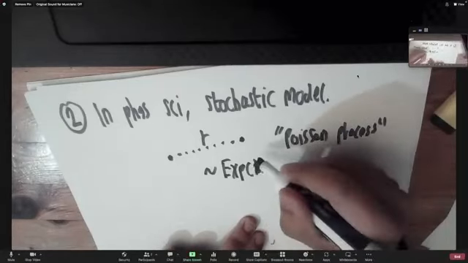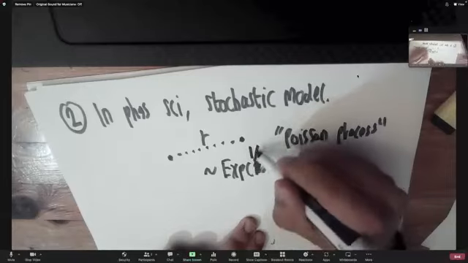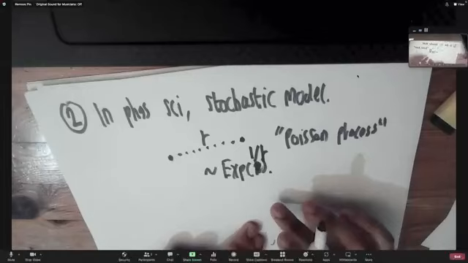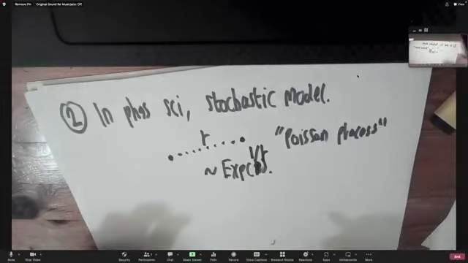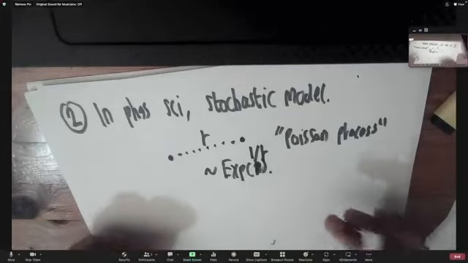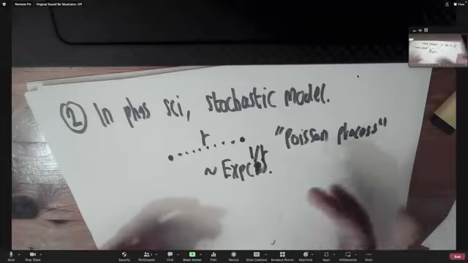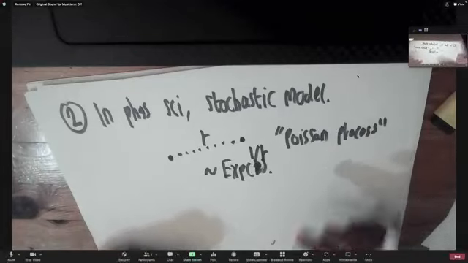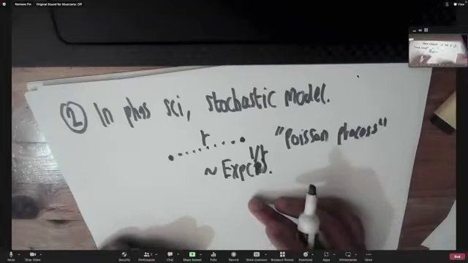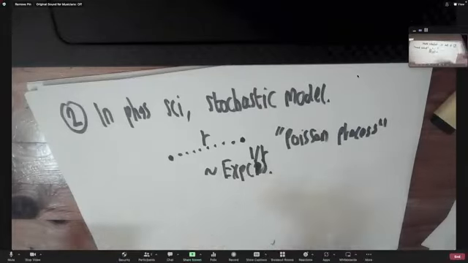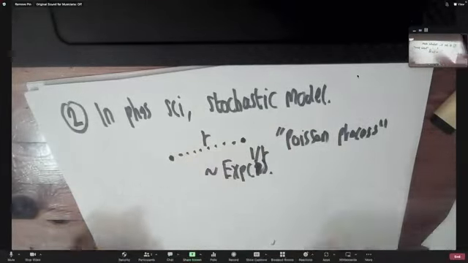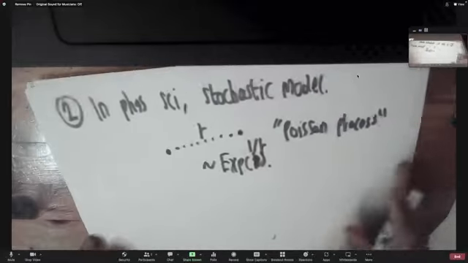It should be 1 over r, because the higher the rate is, the less time you expect to wait. But the main point here is that your model of the system, like you're interested in some physical process, and your model of it is inherently stochastic. So here there's no getting around the fact that you have to deal with stochasticity. You can't just switch to a different model that doesn't have stochasticity, because then you're tied to this physical process. So this is another case where you have to deal with stochasticity.